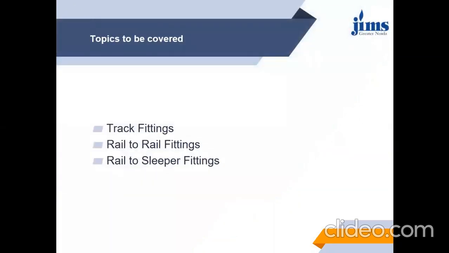So in this lecture, we will be discussing track fittings, rail to rail fittings, and rail to sleeper fittings. That means all the fastening devices used to attach one rail to another rail, or at times a rail to a sleeper. So let's discuss one by one.